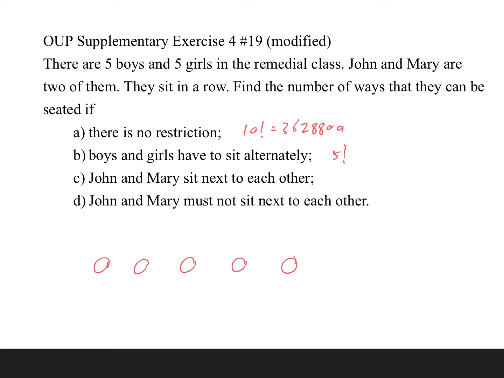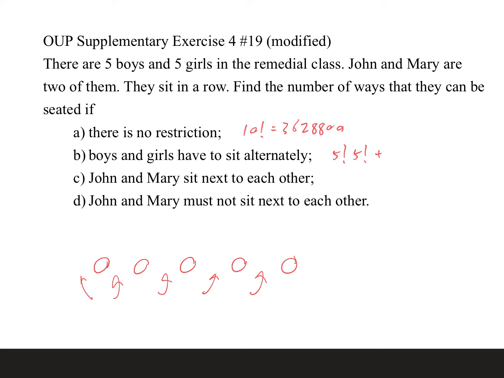And then since boys and girls have to sit alternately, the 5 girls must either sit arranged here, okay? So 5 girls must sit among here, so we have another 5 factorial. Or, now looks like it is or.